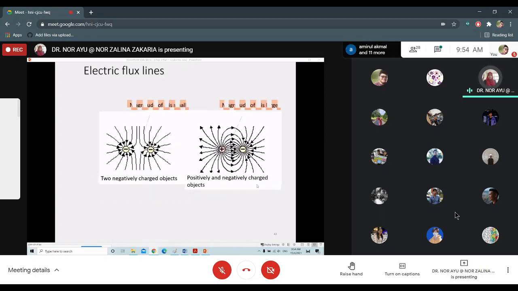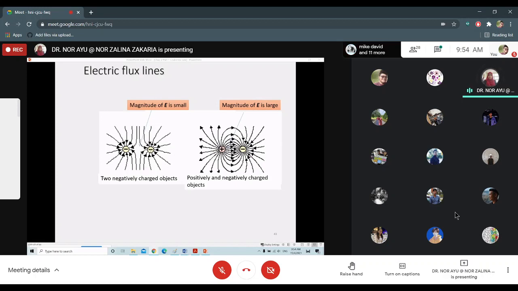And then this is just to show the electric flux lines. Okay, so when we have two charges, two same charges, they will repel. And then when we have positive and negative charges, they will attract each other. Okay, so these are the flux lines.